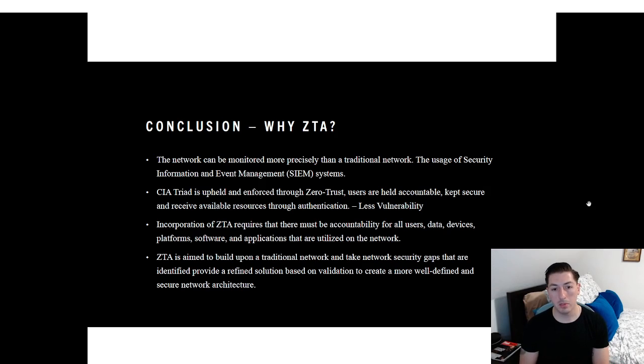ZTA is aimed to build upon a traditional network and take network security gaps that are identified, provide a refined solution based on validation to create a more well-defined and secure network architecture. You use ZTA and it builds off of the traditional network. You can start at a traditional network infrastructure and build to a Zero Trust architecture.